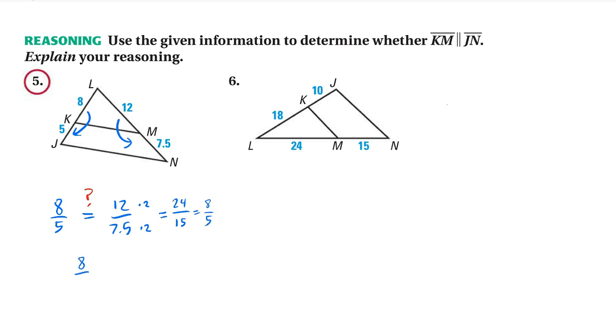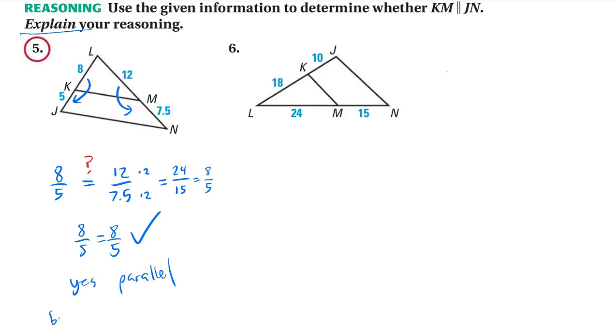Oh yeah, 8 over 5 does equal 8 over 5. Check. So yes, parallel. All right, and explain. It's by the converse of the Triangle Proportionality Theorem.